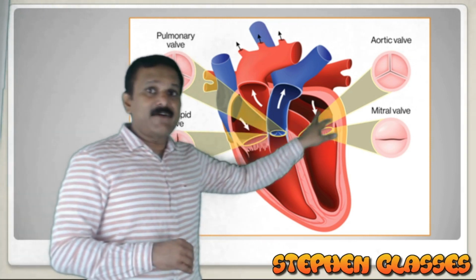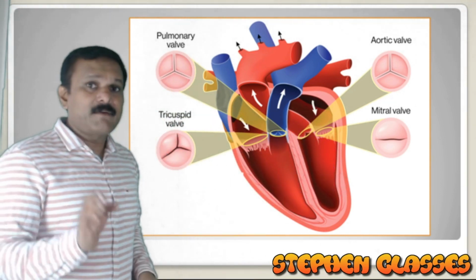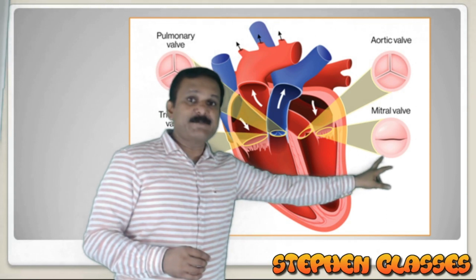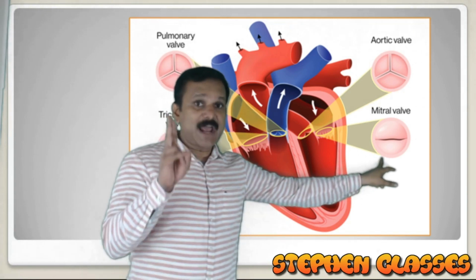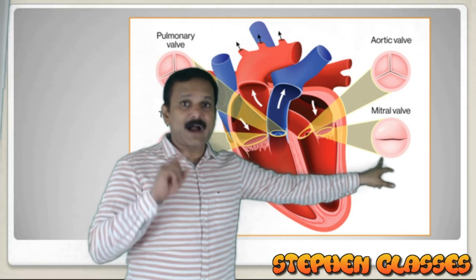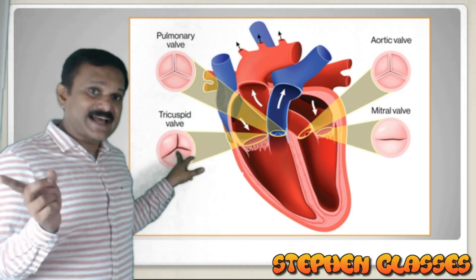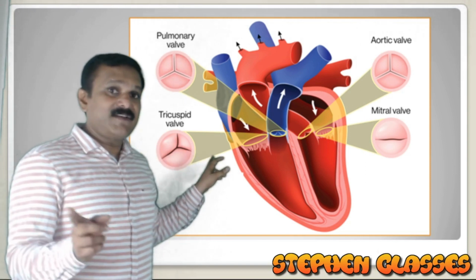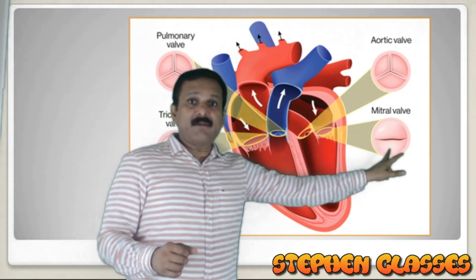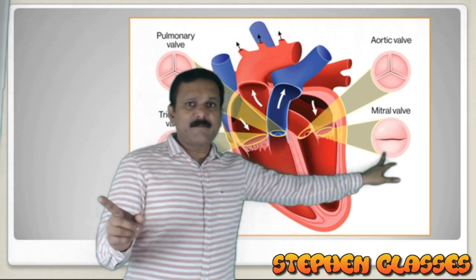Between the left auricle and the left ventricle there is the left AV valve, and the left AV valve is bicuspid, because it has only two cusp-like structures, and it is also called the mitral valve. So a tricuspid valve is present on the right side as the right AV valve, and a bicuspid valve is present on the left side, also called the mitral valve.